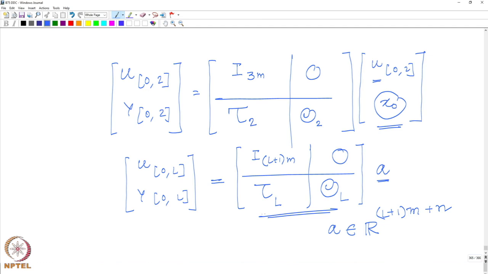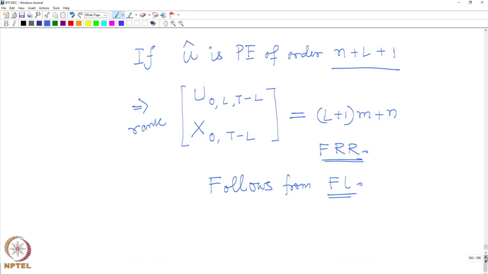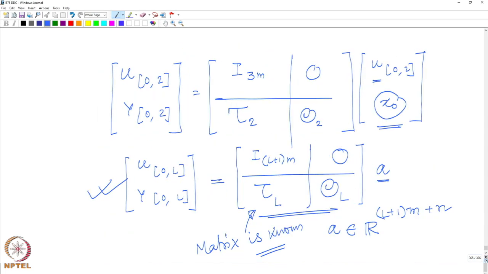If this matrix is known, then I can do simulation, I can get all these trajectories. This is just a rewriting of your state equations in a form which is like a parameterization in terms of arbitrary vectors.